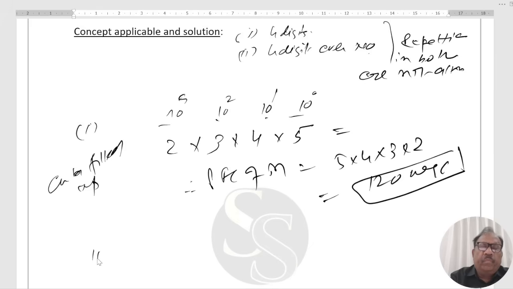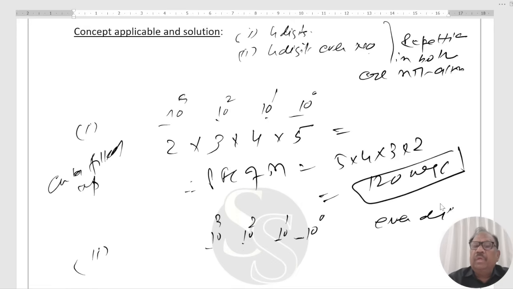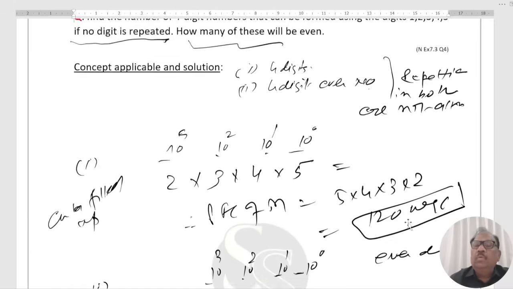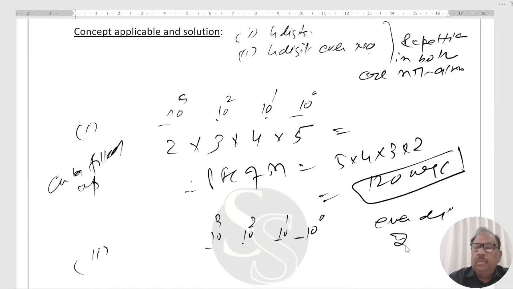Second में, unit place, 10th place, 100th place, 1000th place. Even digits are 2 and 4. Two digits are there. This can be filled up in 2 ways.